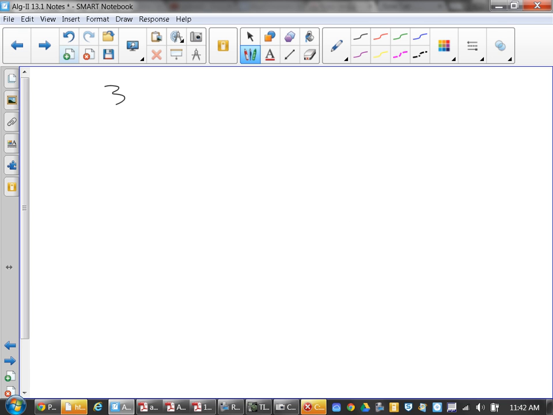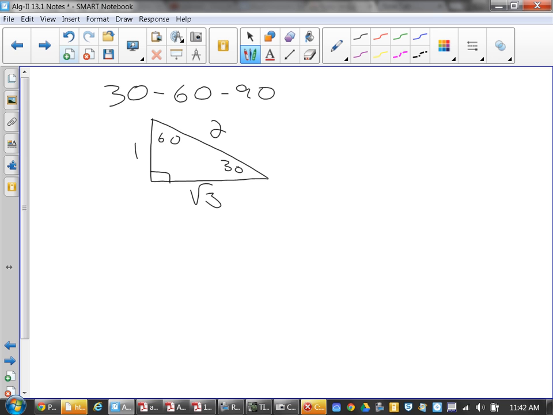Same idea, like I said, if you're doing the 30-60. If you're going to build that out, I would say it's 1, root 3, and 2, and just list out all my things. So the sine of 30 would be 1/2.